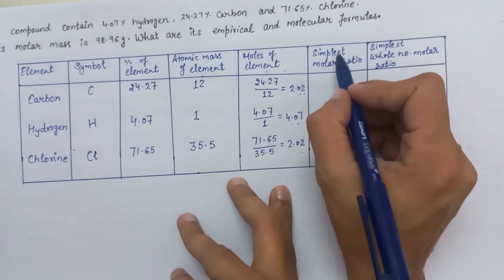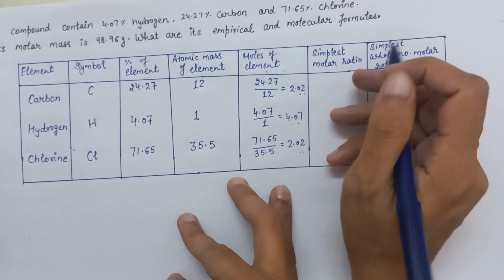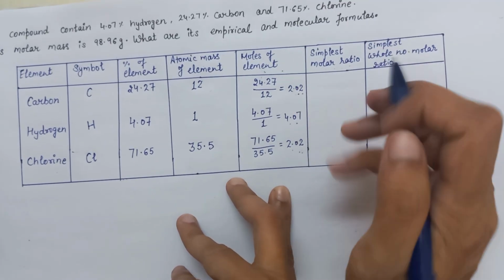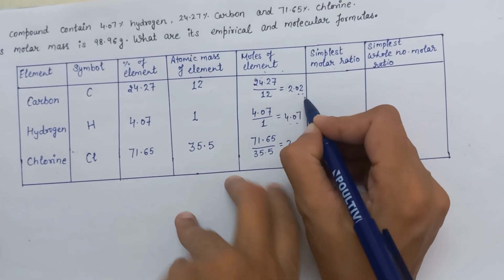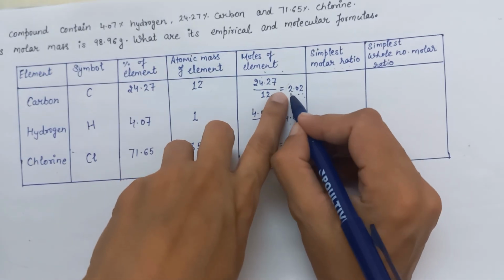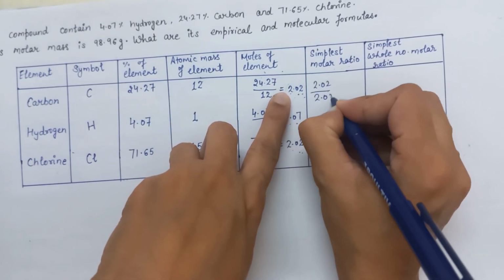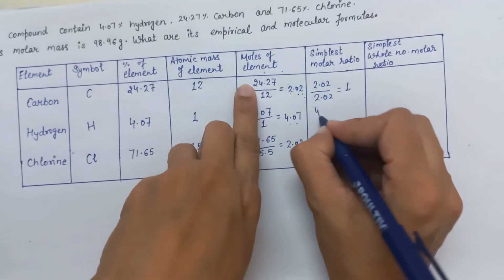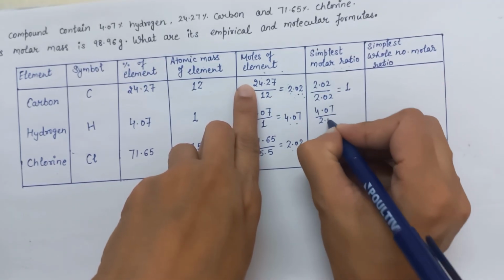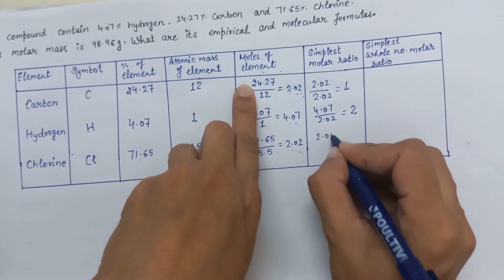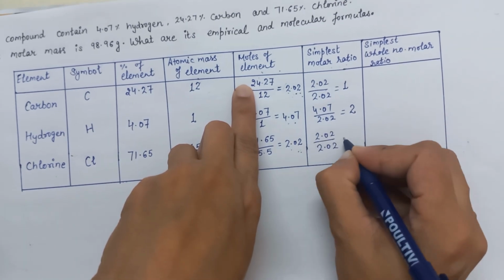In the next step we have to calculate the simplest molar ratio. For this we have to divide these values by the smallest of the values. The smallest value is 2.02, so we have to divide by 2.02. So 2.02 divided by 2.02 is equal to 1. Next we have 4.07 divided by 2.02, that comes out to be equal to 2, and this also comes out to be 1.